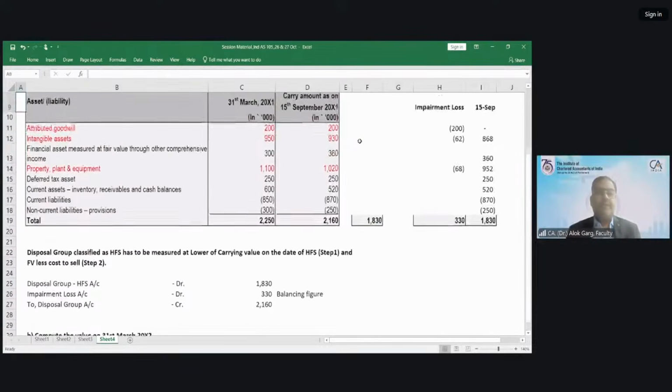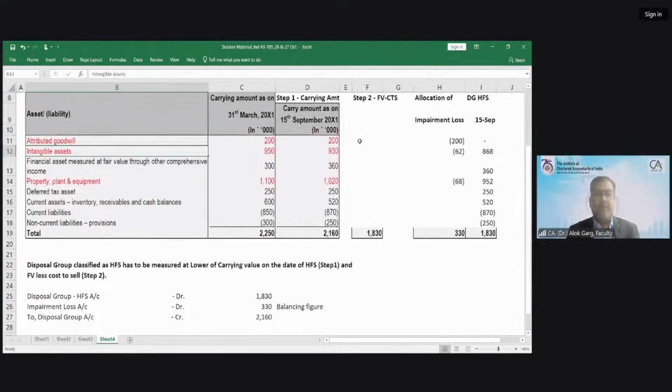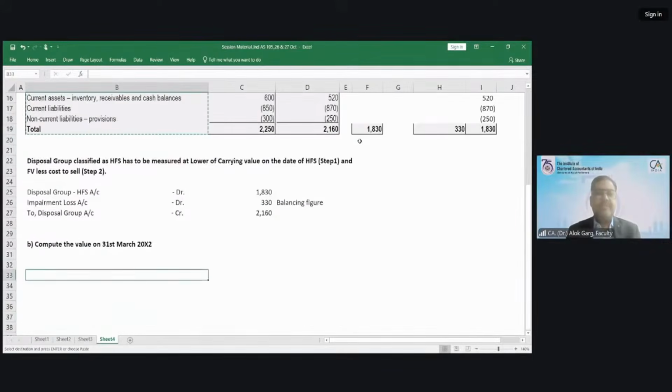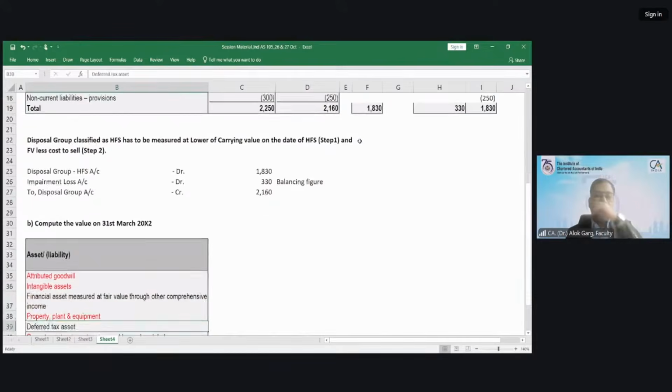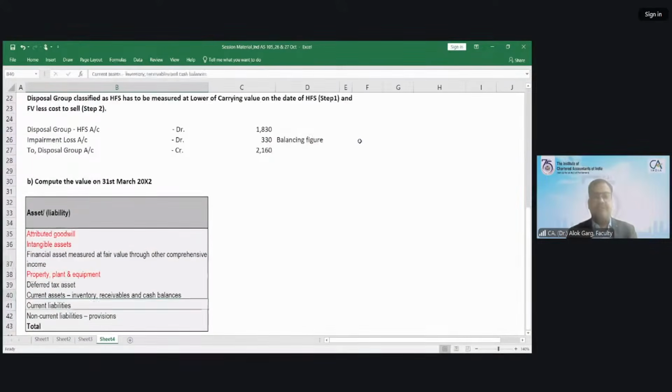Right. So friends, let me again copy this list of assets and liabilities. And now I'll copy the value of DGHFS as on 15th September.